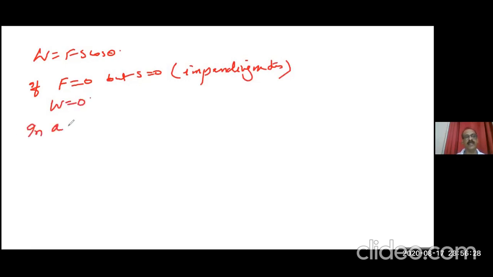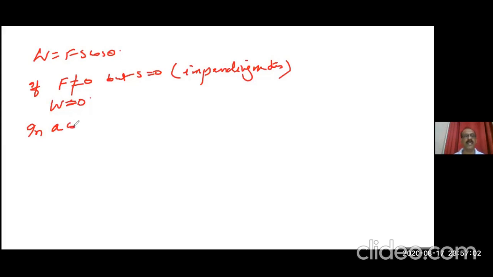If S is 0 or F is 0, W is equal to Fs cos theta. The force is not 0, but displacement is 0. Then it is called impending motion. Then work done is 0.